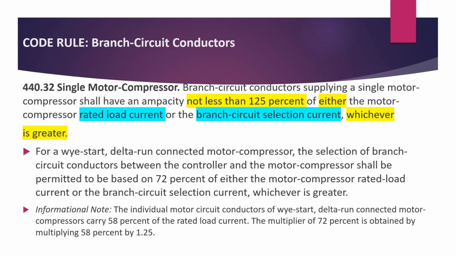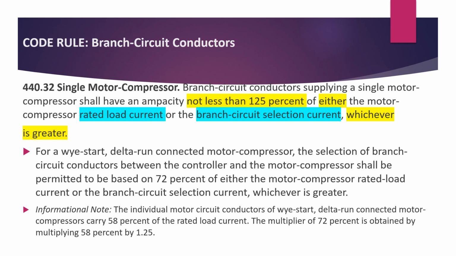Actually, if you have a Y connected motor, the line current is equal to the phase current, so you will directly multiply the factor 125%. But if the motor is Y start and delta run, when the connection is in delta, the line current will be equal to the phase current in delta multiplied by 125%.